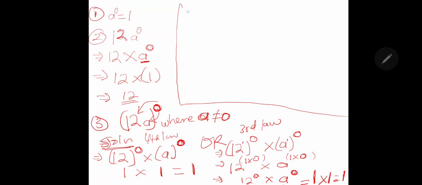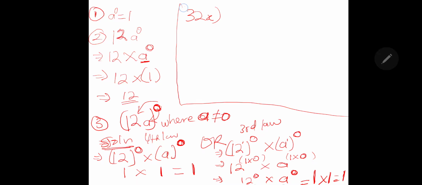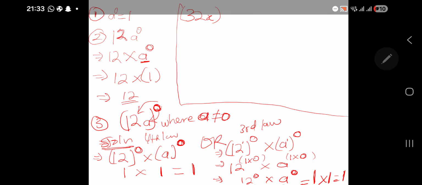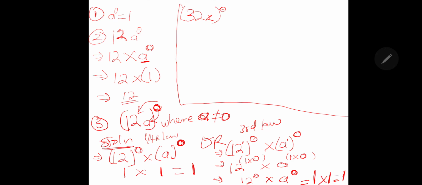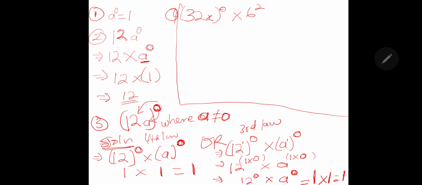So let's go to my fourth example. You have something like this: (32x) raised to the power of 0, times 6 squared. This is my example 4. So from what we've done so far, any non-zero base raised to the power 0 is 1.